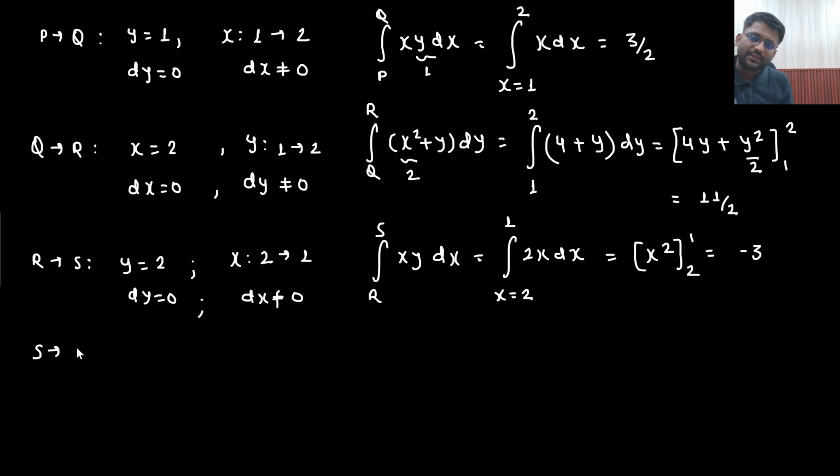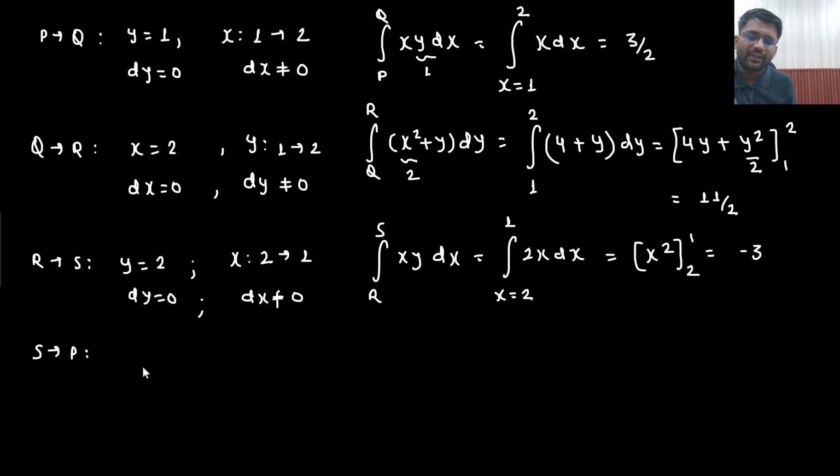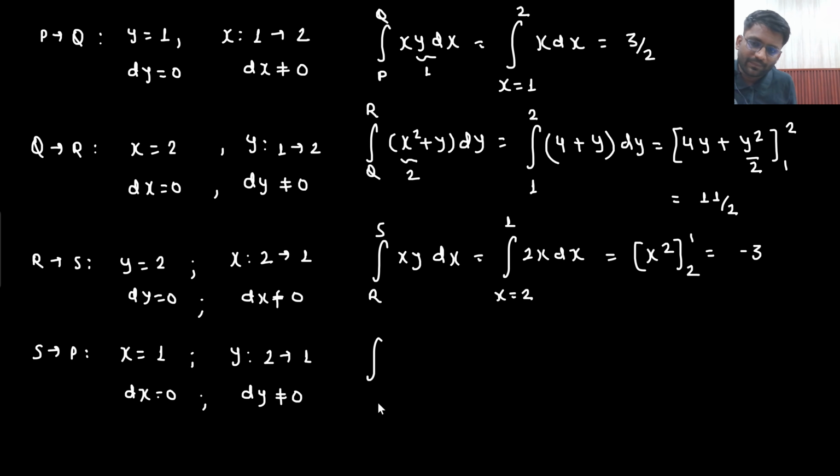P Q R S, then again S to P. X is fixed at 1, and y is changing from 2 to 1. So what is dx? dx is 0, dy is non-zero.